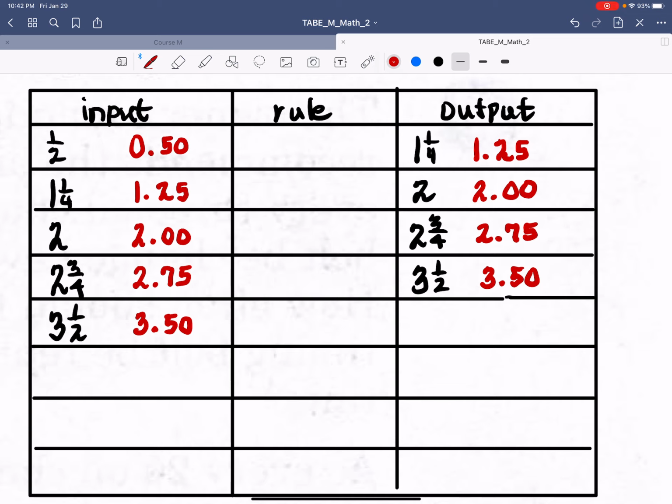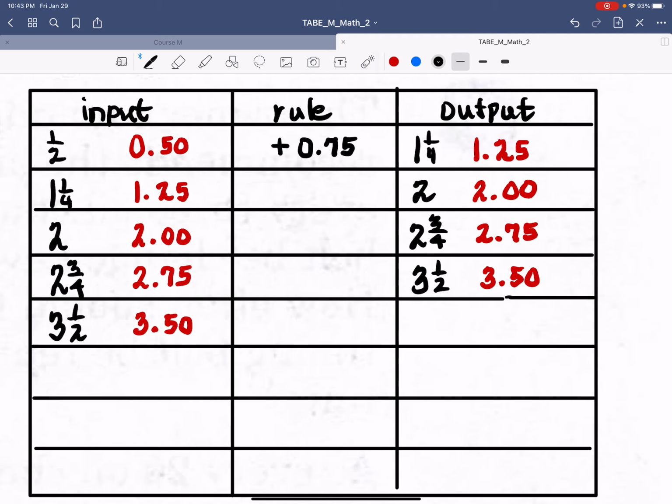Okay, I know that to get from 50 cents to $1.25, I am building up. So that's addition or multiplying. It's not a big jump, so let's see what addition would get us. 50 cents plus 75 cents would give me the $1.25.